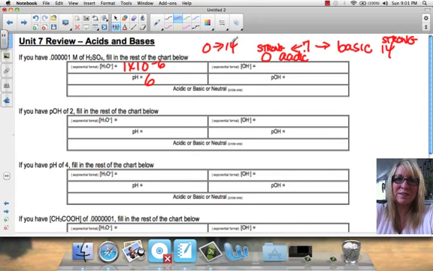So if the whole scale is 14, and I have 1 times 10 to the negative 6, so a 6, and what is 14 minus 6, which is 8, so my OH is going to be 1 times 10 to the negative 8. So my pOH is 8.